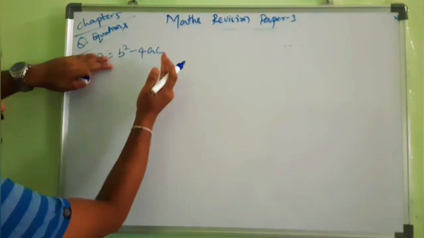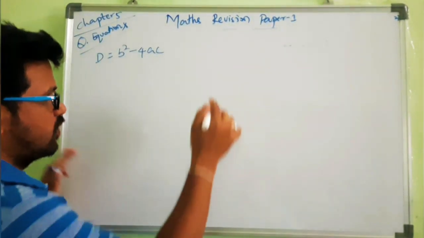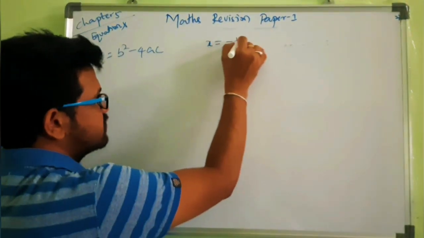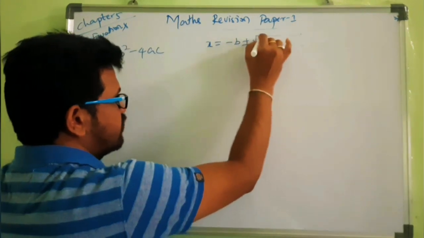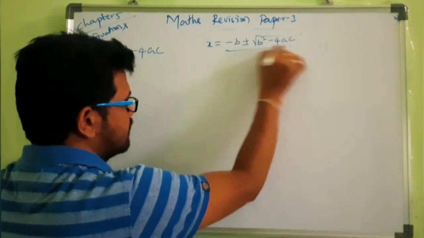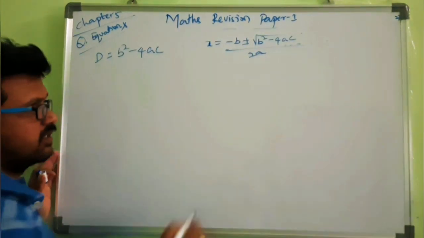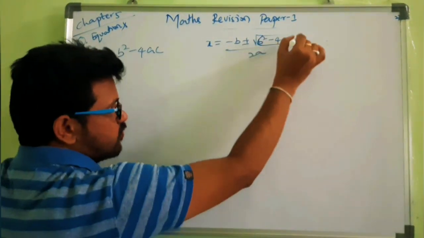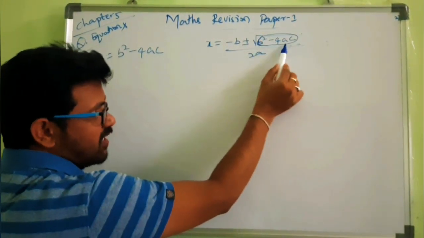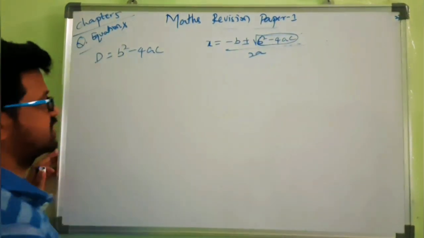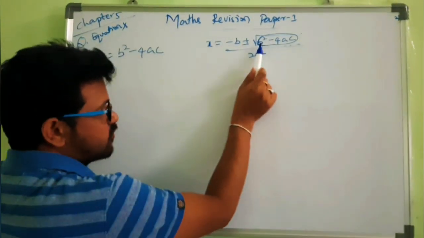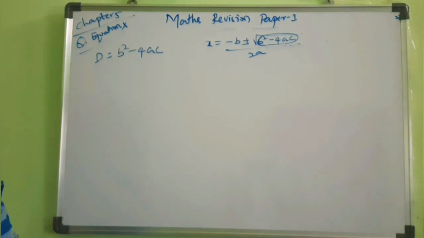Based on the discriminant value, as I said, x is equal to minus b plus or minus square root of b square minus 4ac by 2a. In the square root we have the value b square minus 4ac, and that is called the discriminant. Why? Because the square root of a negative number is imaginary.